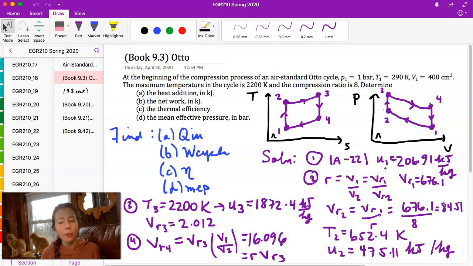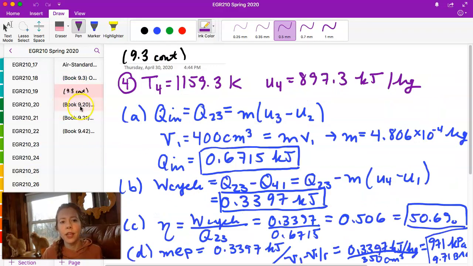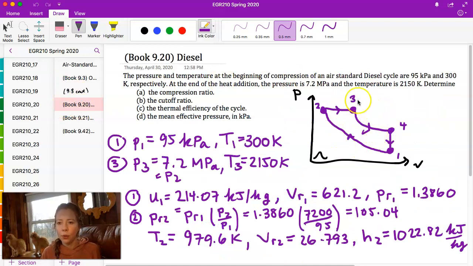But remember, enthalpy is u plus PV. And so for the diesel cycle, when we have this constant pressure process going on from 2 to 3, we actually need to look up the enthalpies, u plus PV, because we do have a delta V.